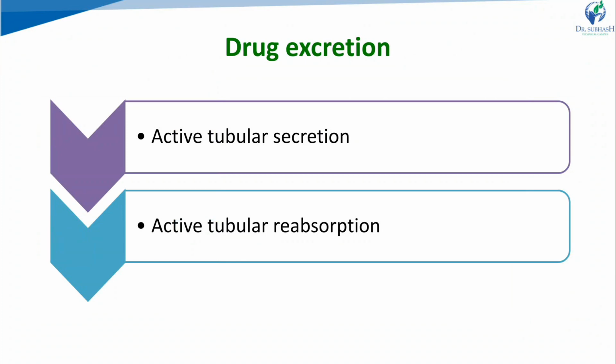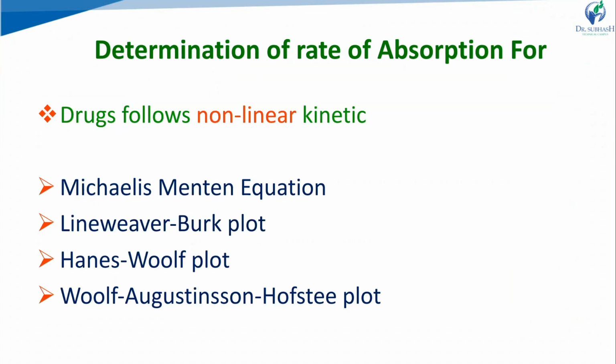So these may be the reasons we find non-linearity in drug excretion. These are the causes we have to see in drug absorption, distribution, metabolism and excretion that give non-linear pharmacokinetics.